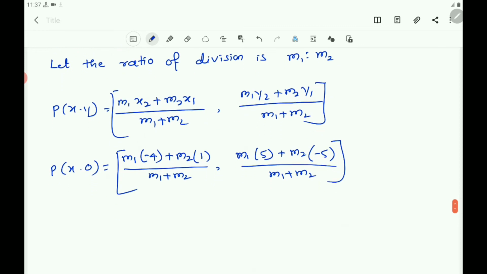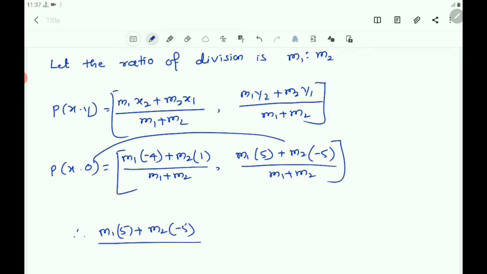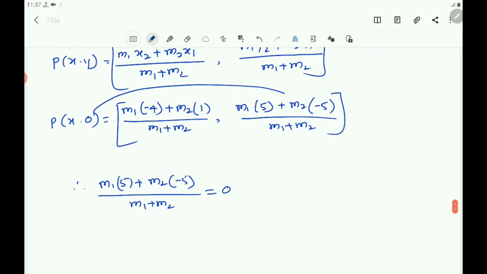Now take the y value as 0, therefore m1 into 5 plus m2 into -5 by m1 plus m2 equals 0.